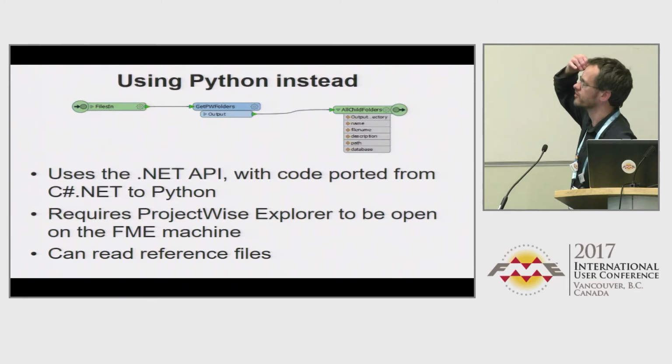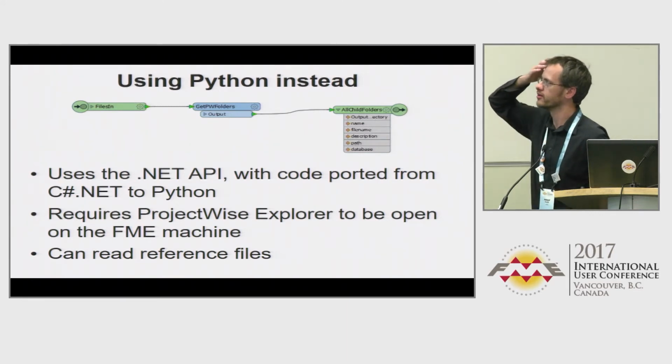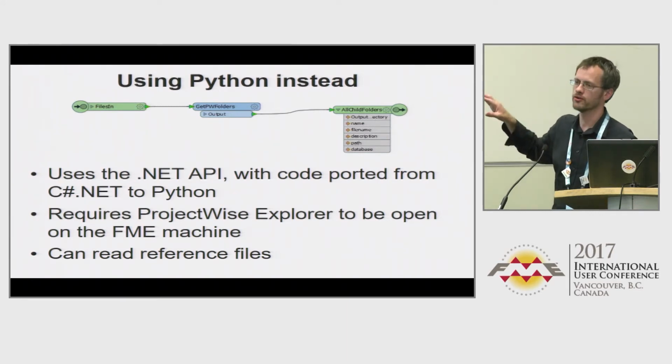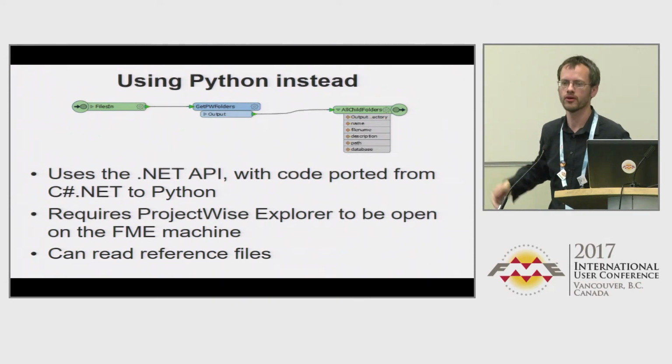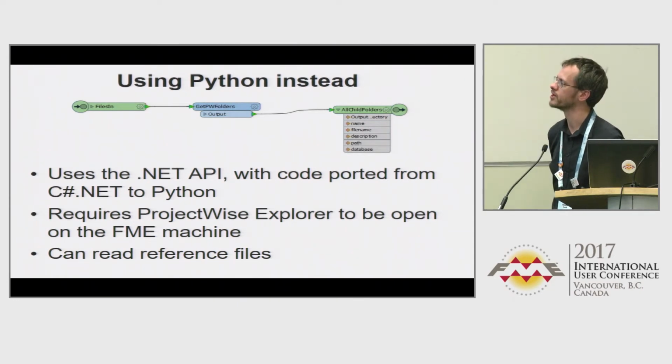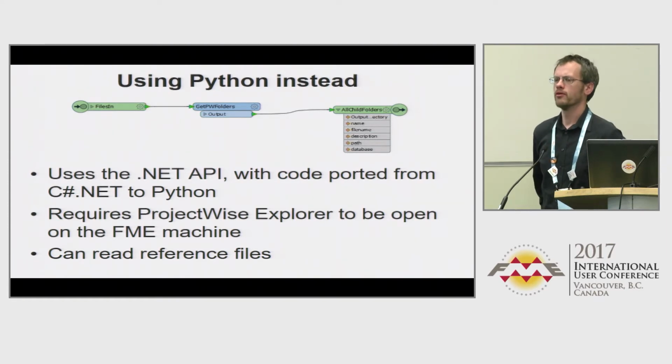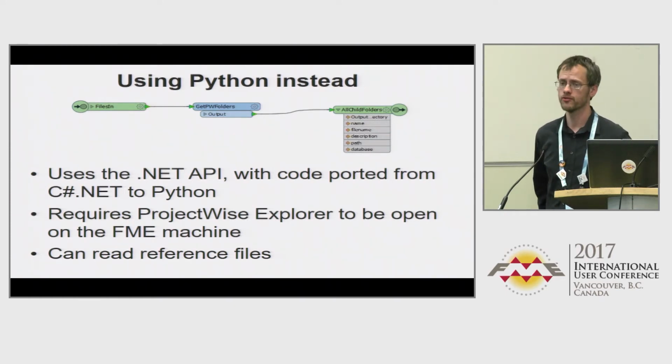The workspace you can see running here is looking at the child folders of a parent folder. So it's doing a similar operation to one of the things I described a moment ago. My understanding is it requires ProjectWise Explorer to be open on the machine that has FME on it, which could be a downside potentially if you wanted to run that. And if you want more information about that, I can try and connect you up with the person who put these all together. As I say, I haven't used them myself yet.